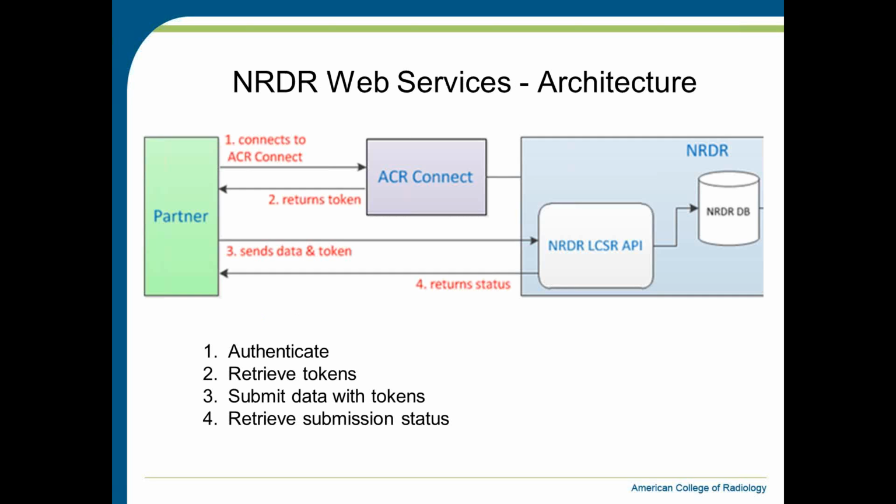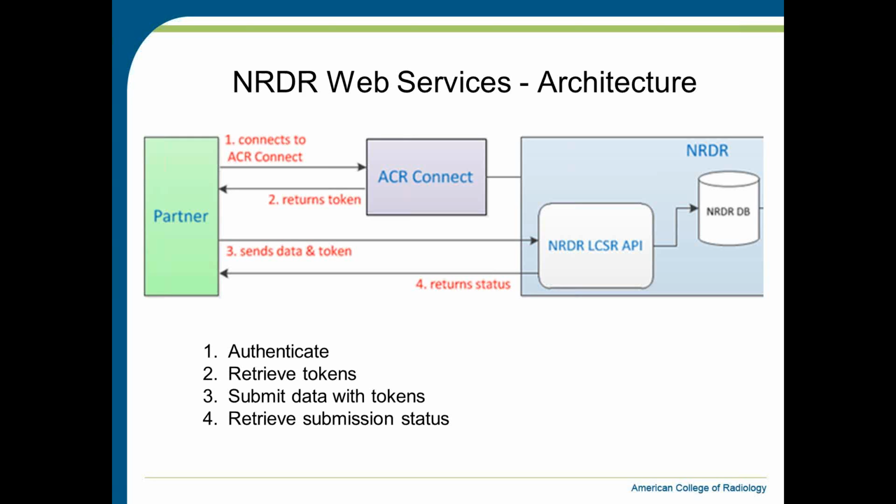For using the NRDR Web Services to send data to us, there are 4 high-level steps. One is authentication. Two, once you're authenticated, you will have to retrieve tokens. We use the tokens to identify who the vendor is, and also the facility that's submitting data to us.